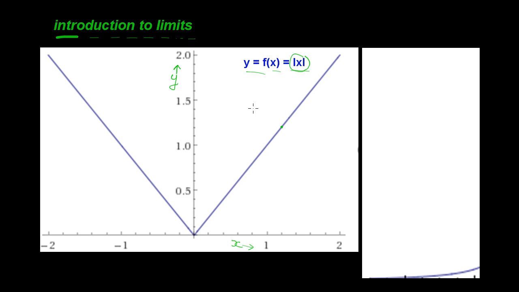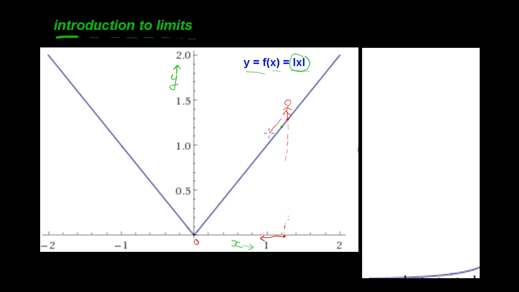Suppose that initially you are somewhere here. I'm standing on this function here, and this is our x coordinate. As I move this x coordinate from here to here, in this direction, approaching 0, what happens to me?